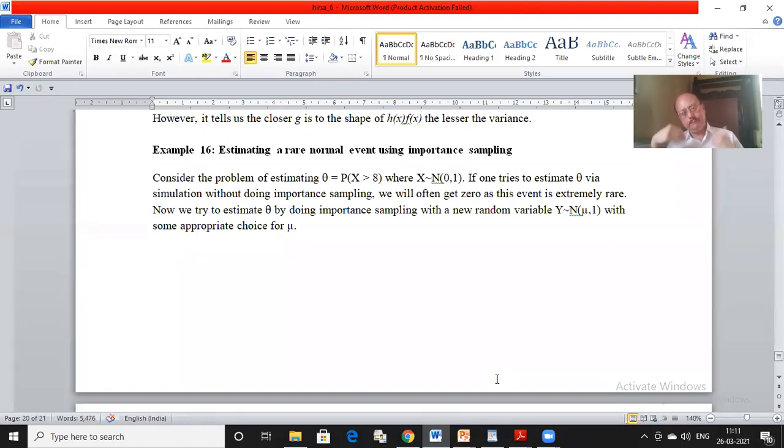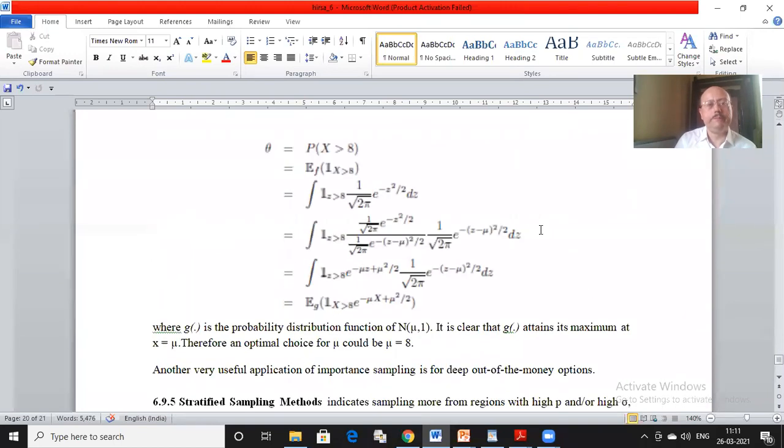But we can improve this situation very easily if we use importance sampling for estimating this particular theta. So we will use importance sampling with a new random variable y, which follows normal mu, 1, where we will choose mu. So we basically shift the center of the distribution by an appropriate choice.